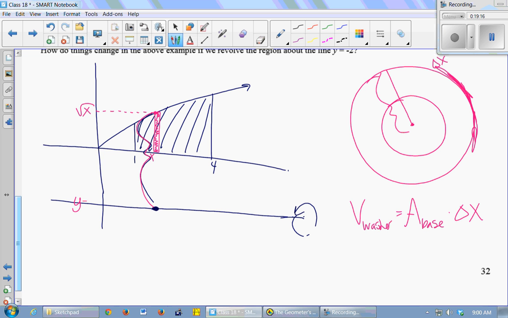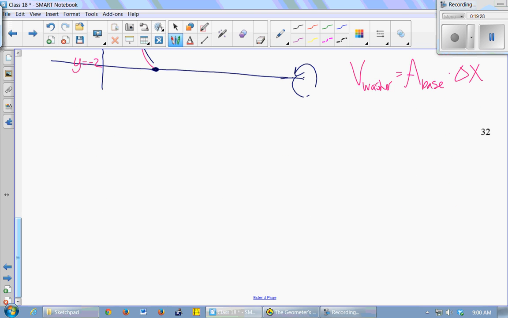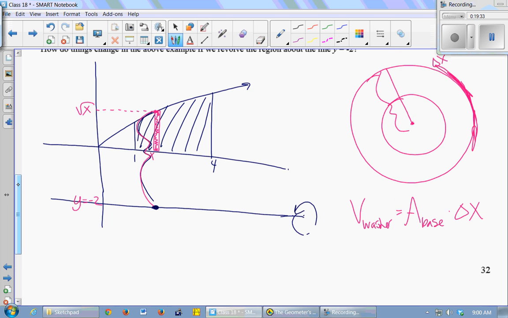This is the line y equals -2. Square root x minus -2, or +2. Put that in my diagram. So this is the square root of x +2, or minus -2, right? Whenever you're finding the distance between 2 points on a number line, you just subtract them. Minus -2 becomes +2. All right, and then what's my inner radius?